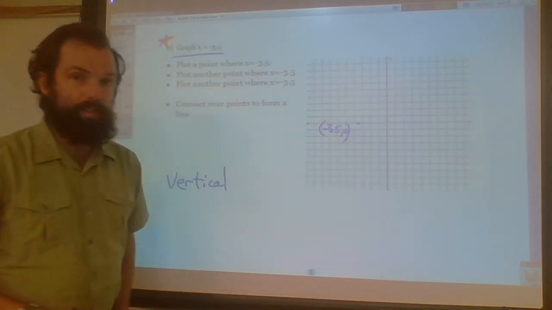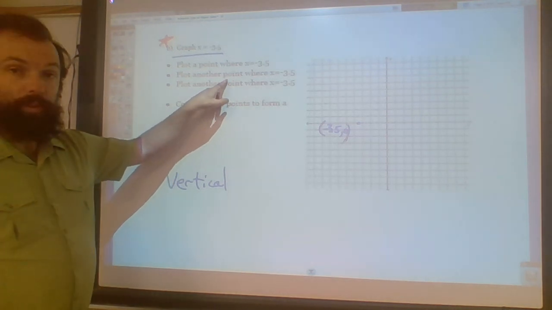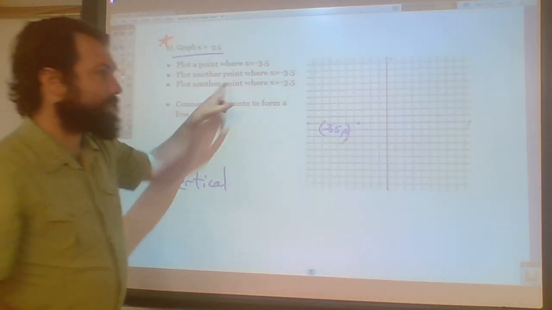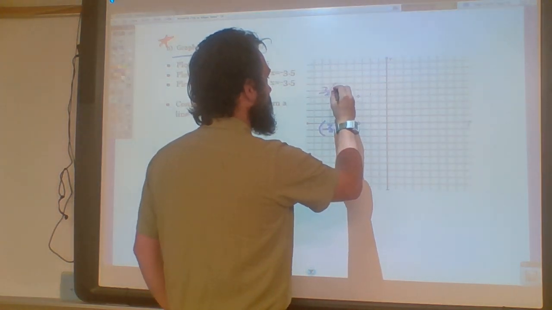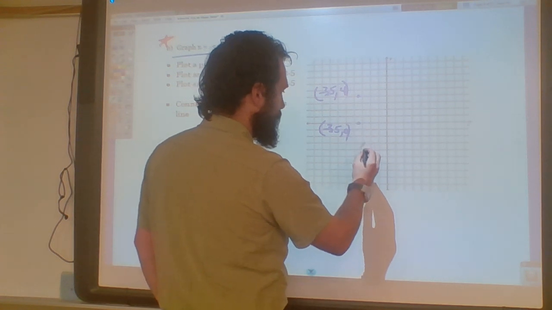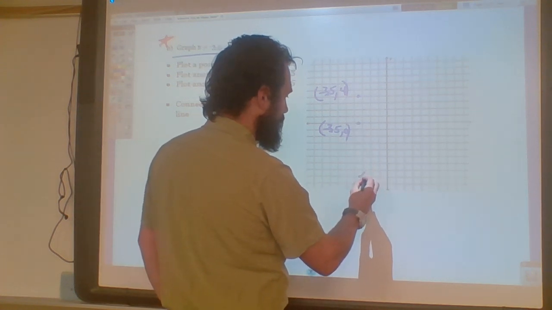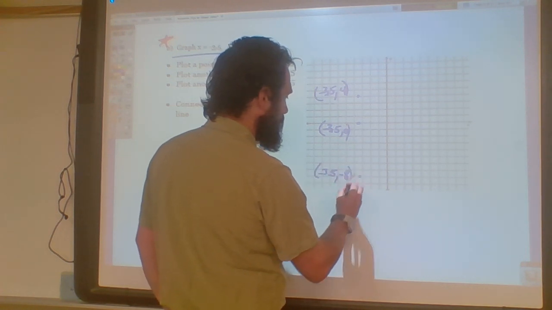(-3.5, 0). Now I'm going to do the same thing I did for the horizontal line. Where are other points where x equals negative 3.5? I could say (-3.5, 4). I could say 2, 4, 6, 8, (-3.5, -8).